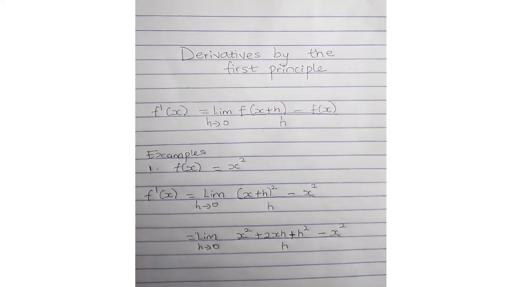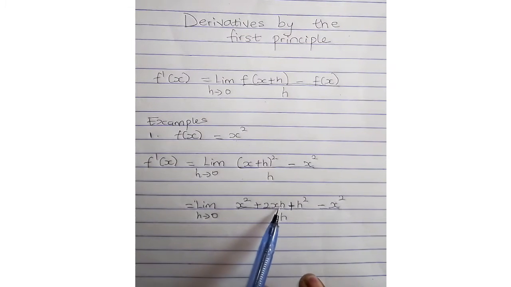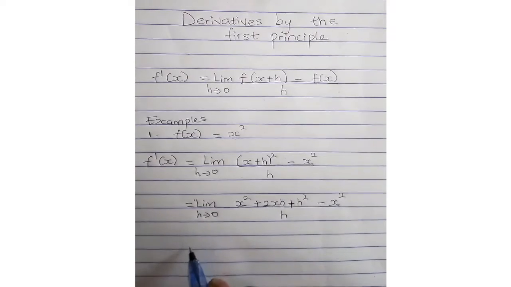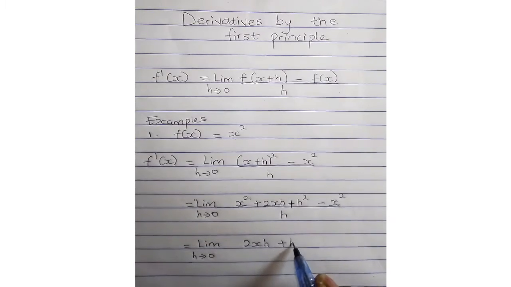So when we collect like terms, x squared minus x squared gives us 0. So I'm just left with 2xh plus h squared. So we can write this as the limit as h approaches 0 of (2xh plus h squared) all over h.